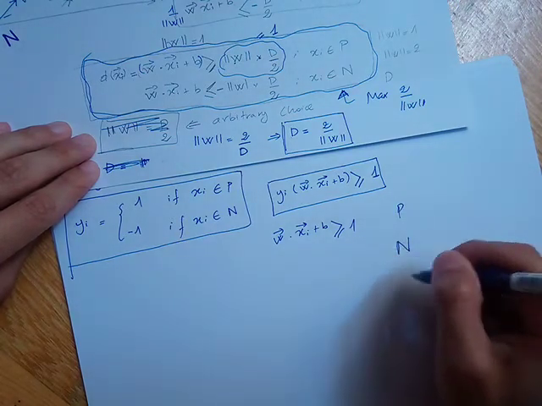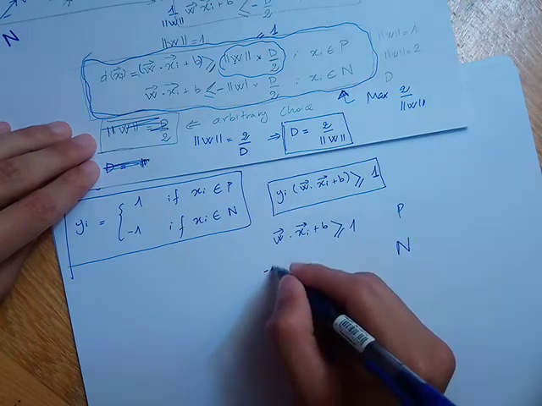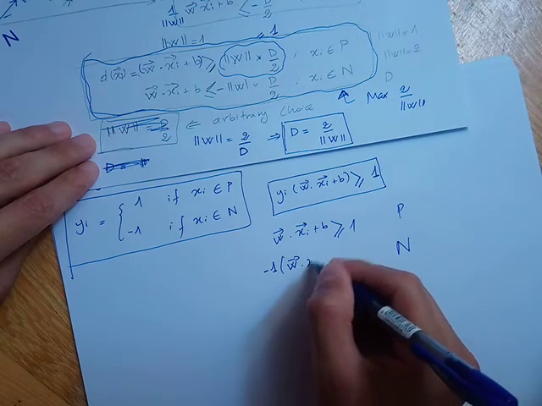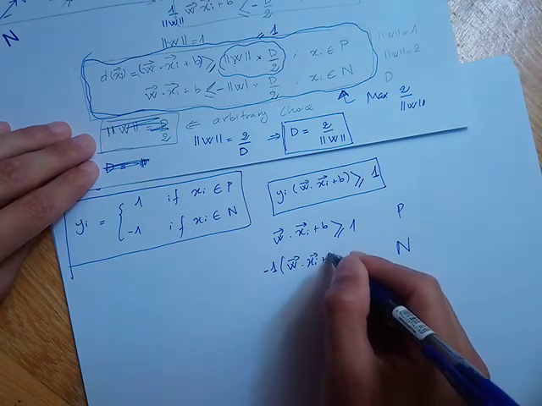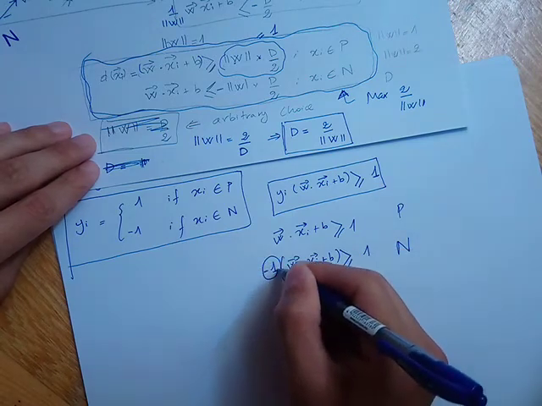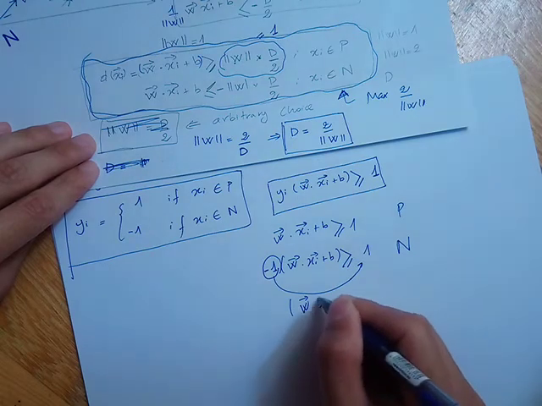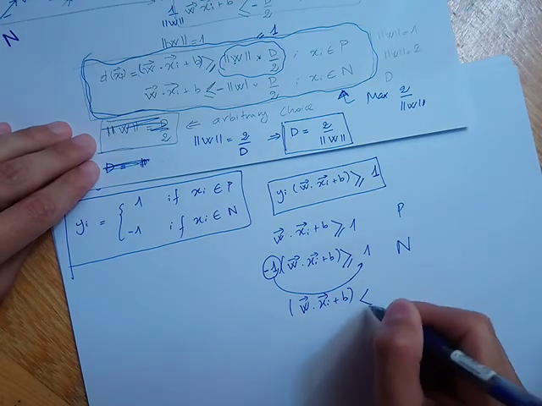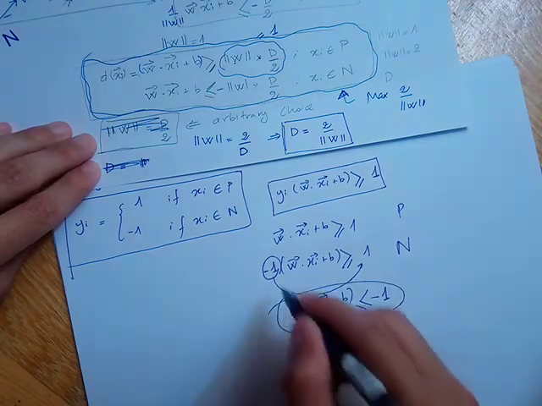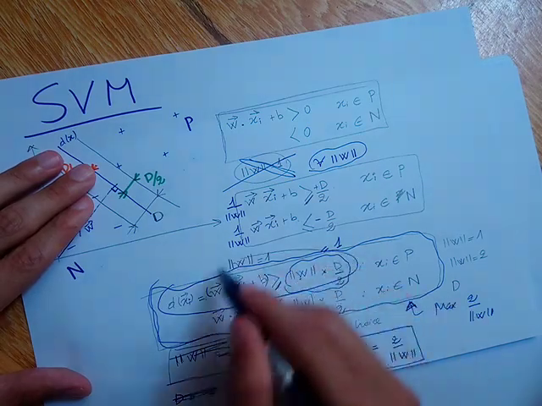If the sample is negative, then you just replace this thing here by -1, so you get -1 multiplied by W dotted with xi plus b, and this is higher than or equal to 1. You just bring this -1 here, so you get W dotted with xi plus b smaller or equal than -1. Right? We have two equations that are the same as these two equations here.